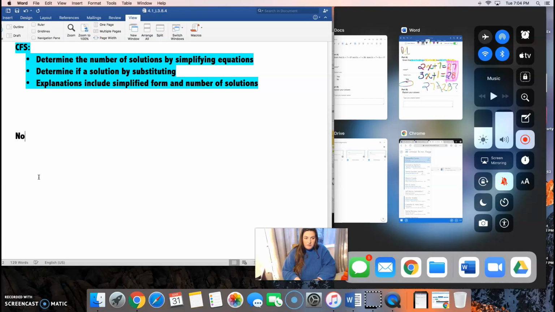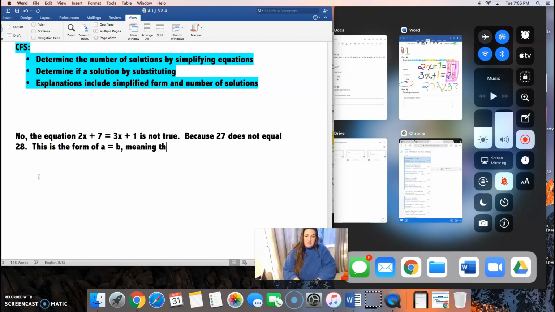So, no, the equation 2x plus 7 equals 3x plus 1 is not true because 27 does not equal 28. This is the form of A equals B, meaning there are no solutions.